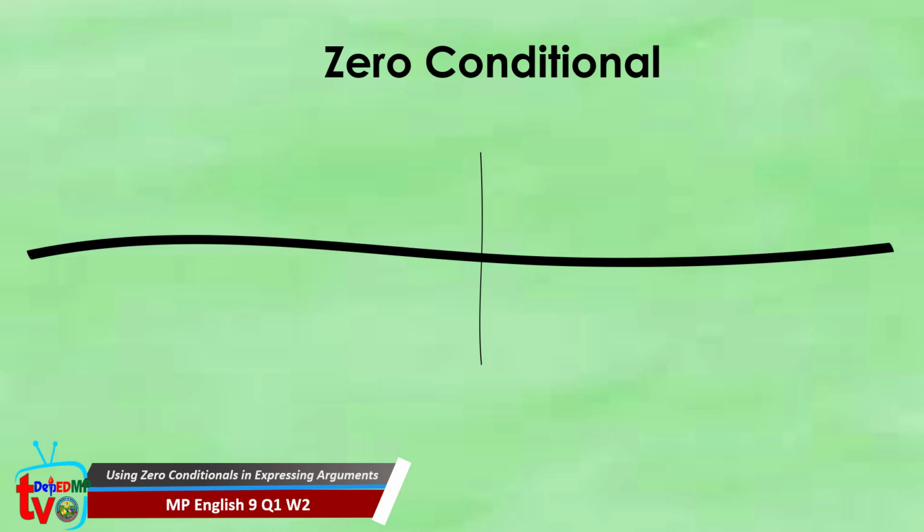As mentioned earlier, a conditional sentence is made up of two parts, the if clause and the main clause. The question is, what makes the zero conditional sentence then different from the other types? Well, first, we need to know how we can form the if clause and the main clause. That brings us now to the patterns.